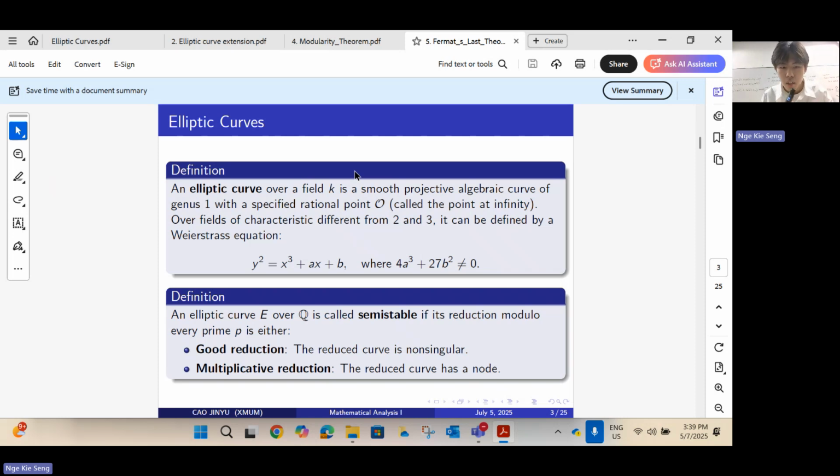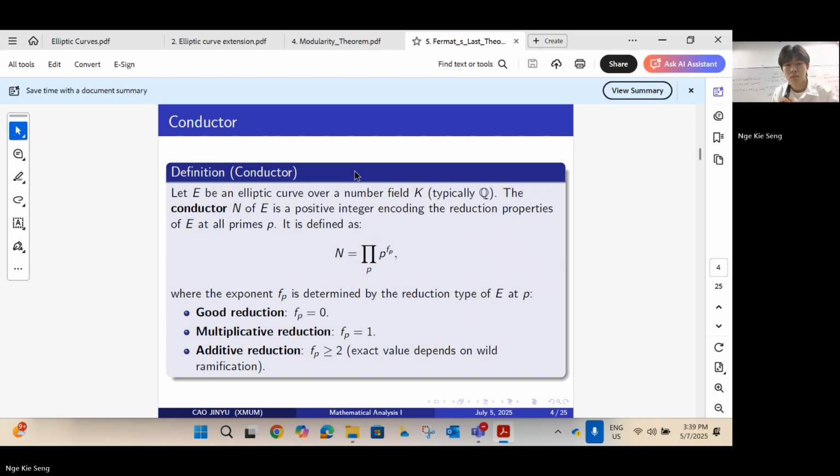And we say an elliptic curve is semi-stable if its reduction modulo every prime p is good reduction or multiplicative reduction. The next is about its conductor and the level of it. I'm sure you have already seen it before.